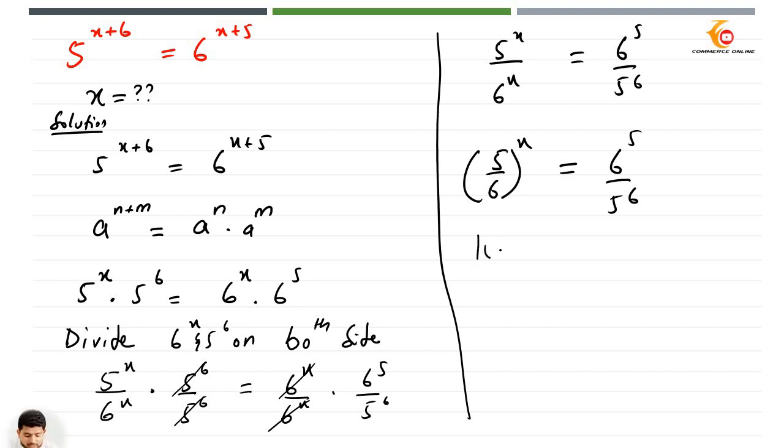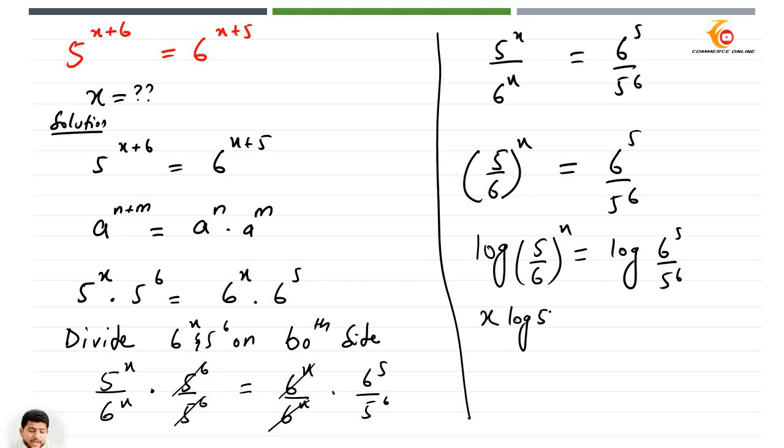And now we'll take log of both sides: log of (5/6)^x equals log of 6^5 divided by 5^6. So that will be x log 5/6 equals log of 6^5 divided by 5^6.